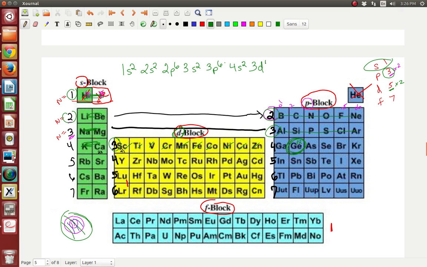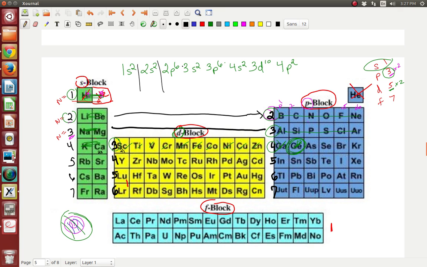So 3D10. And then it goes back up to energy level 4, and 4P, 1, 2. 4P2. All right, 4P2.